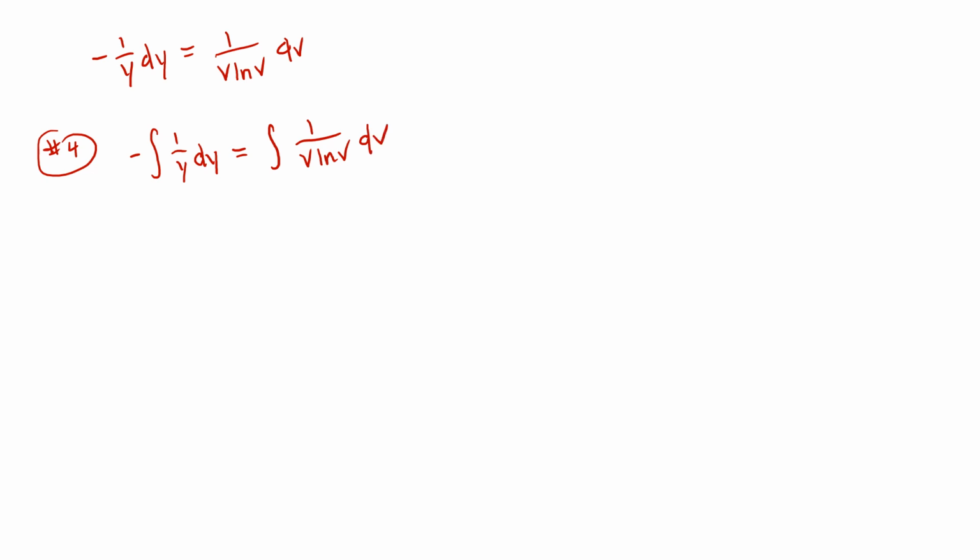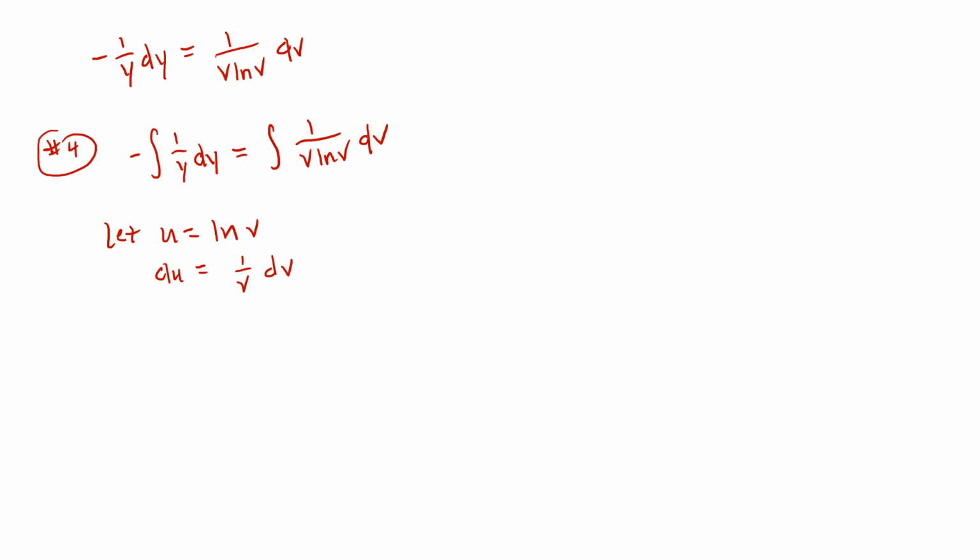Let's do a different variable, since we're already working with v. So let's let u equal the natural log of v. So that means du will equal 1 over v dv.